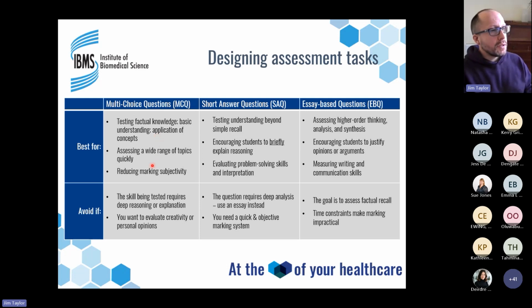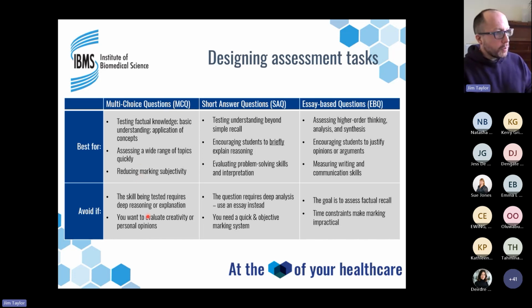Multiple choice questions are really good if you've got lots of people involved in training, because they reduce marking subjectivity. As we'll see in a minute, with a multiple choice question, there should just be one right answer. So it does bring a level of objectivity.